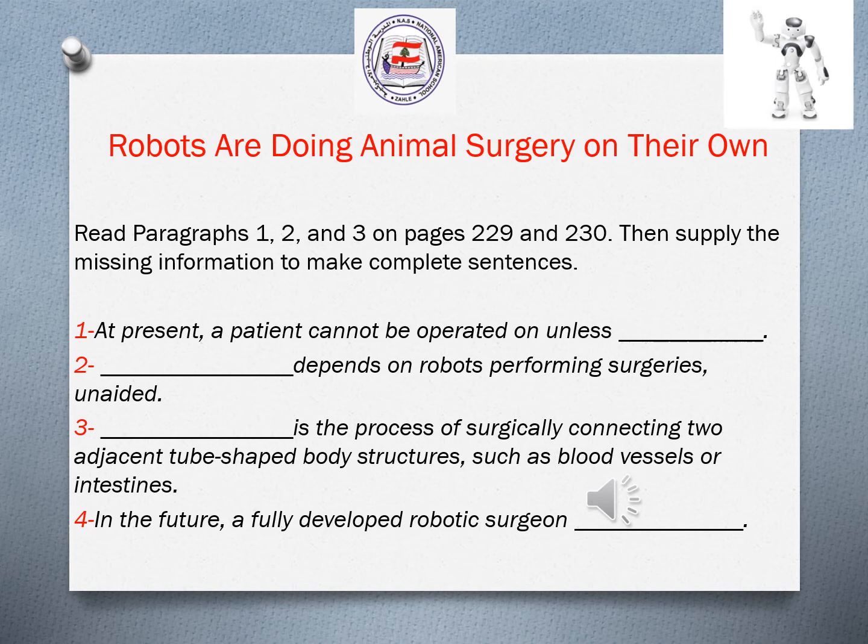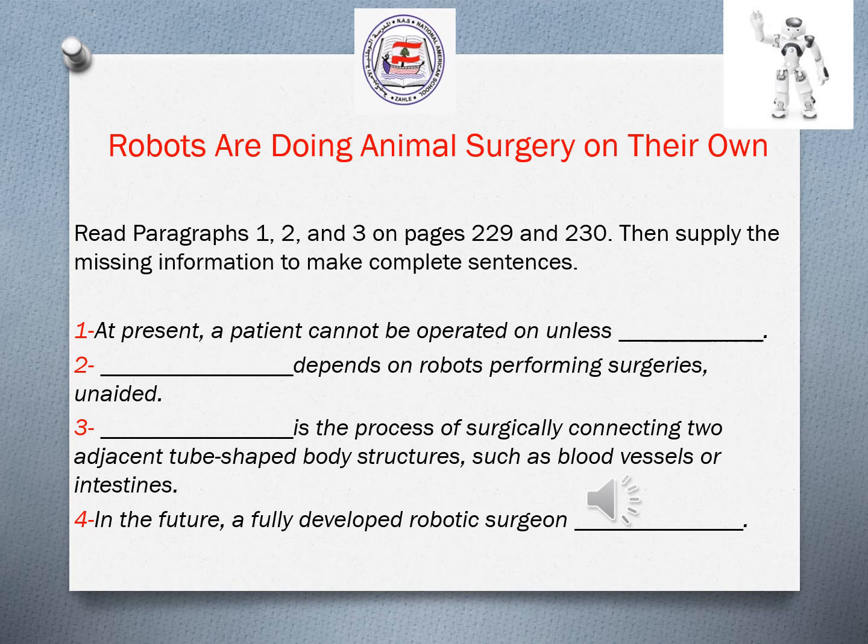As for number 1, the sentence can be completed as follows. At present, a patient cannot be operated on unless the hospital he or she is admitted to has a qualified human surgeon. Number 2, the bright future of surgery depends on robots performing surgeries unaided.